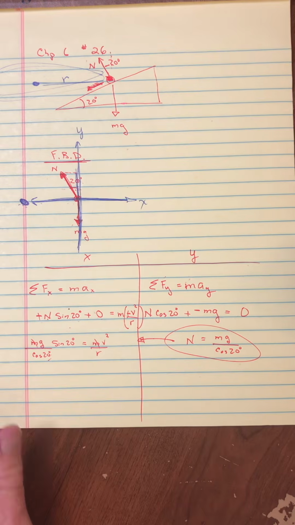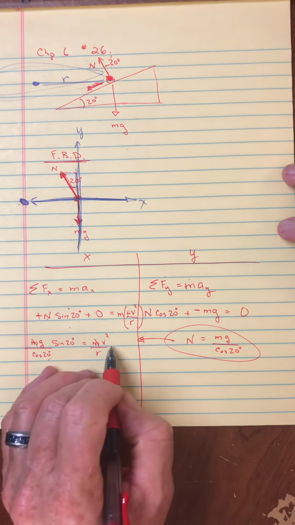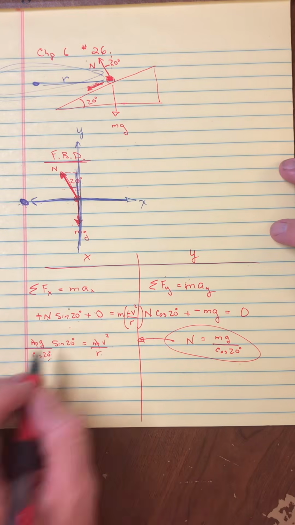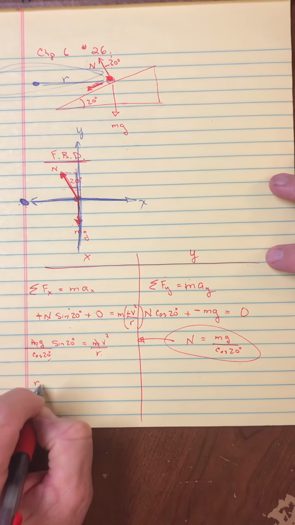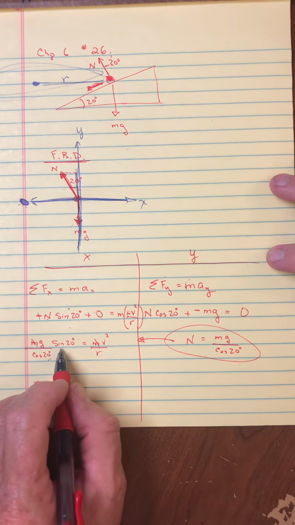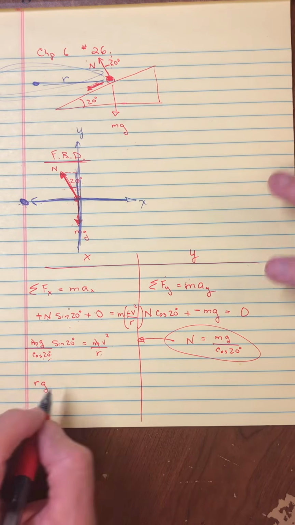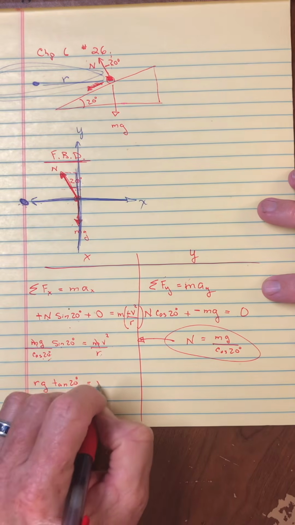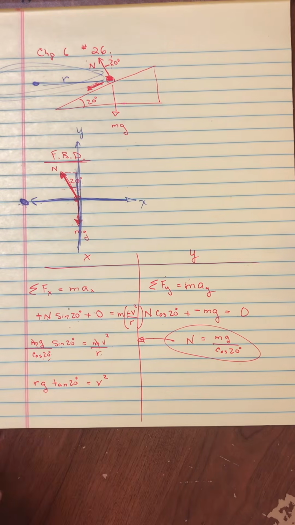Okay? And then that's the question. What is the ideal speed? So we're looking for this v. So if I move the r to the other side, I would get an r times a g, those two terms. And then sine over cosine, which is tangent, would equal the ideal speed squared.